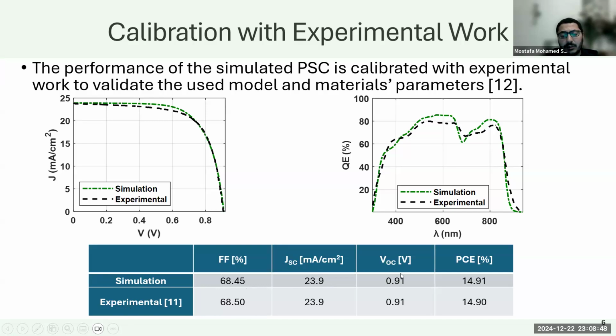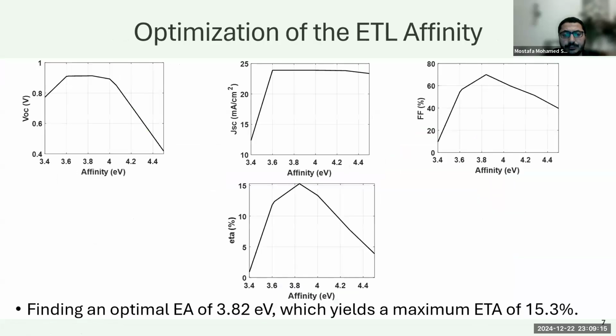The open circuit voltage is 0.91 for both. The power conversion efficiency of the simulation is 14.91 and for the experimental is 14.9. So the used model and the materials parameters are very good to simulate the proposed cell.